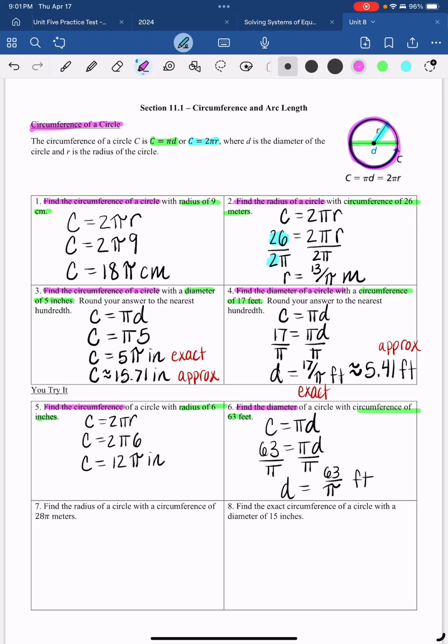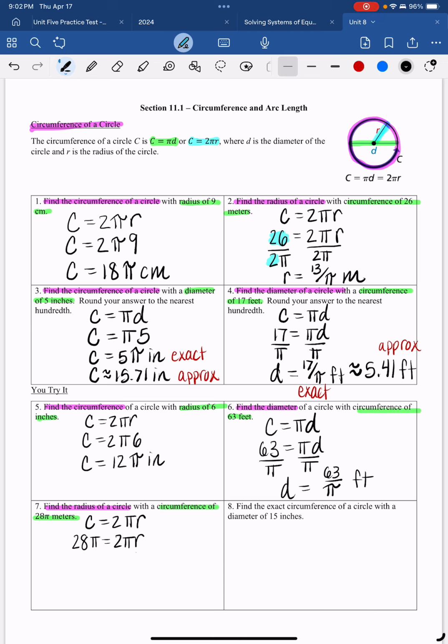In our next example, we needed to find the radius of a circle that has a circumference of 28 pi meters. So here, if we're finding the radius, we're going to use the formula circumference equals 2 pi r. The circumference was 28 pi, so that's going to be equal to 2 pi r.